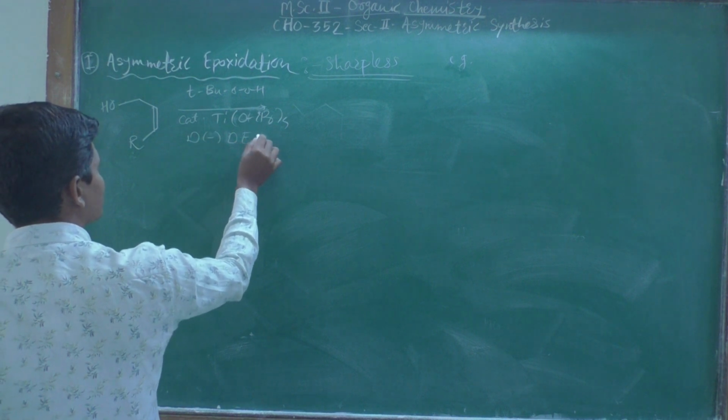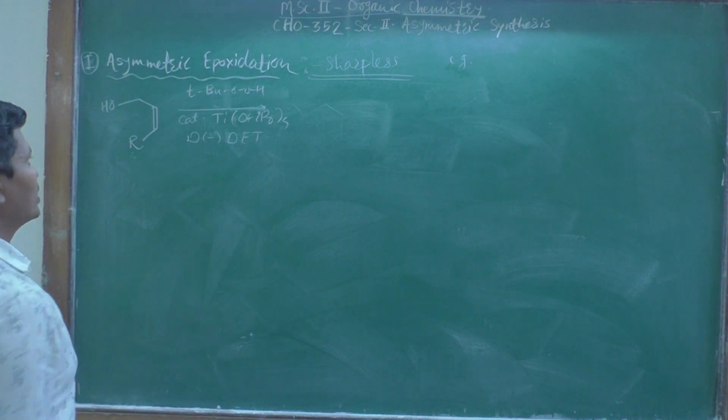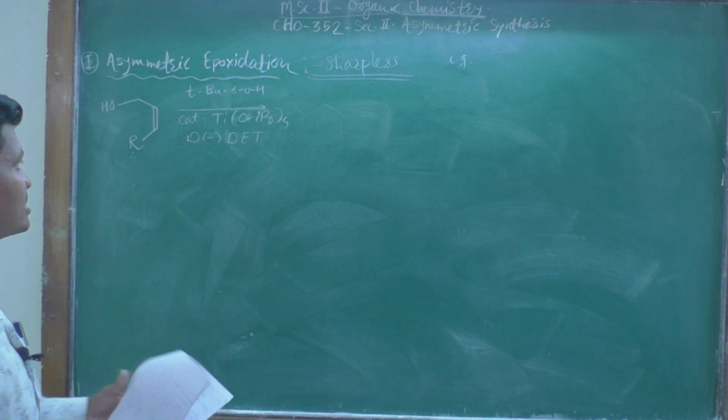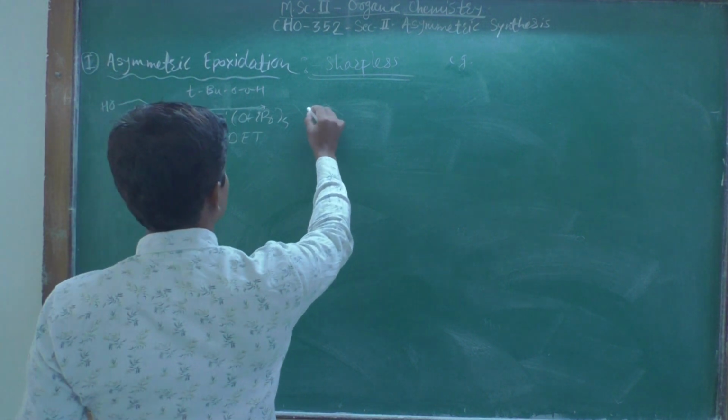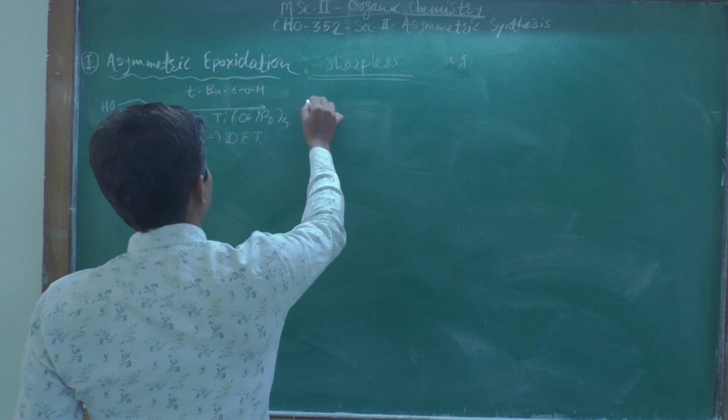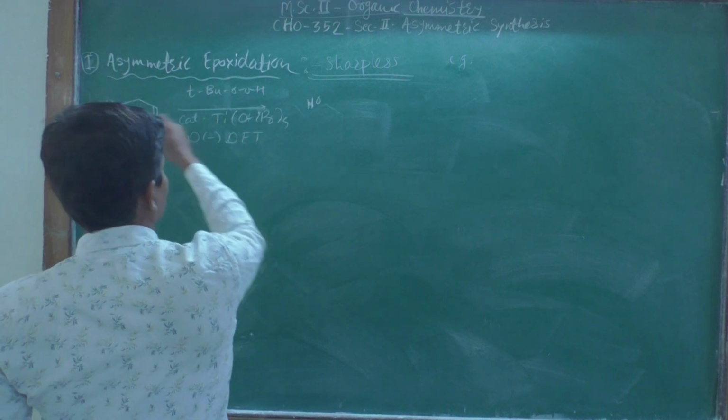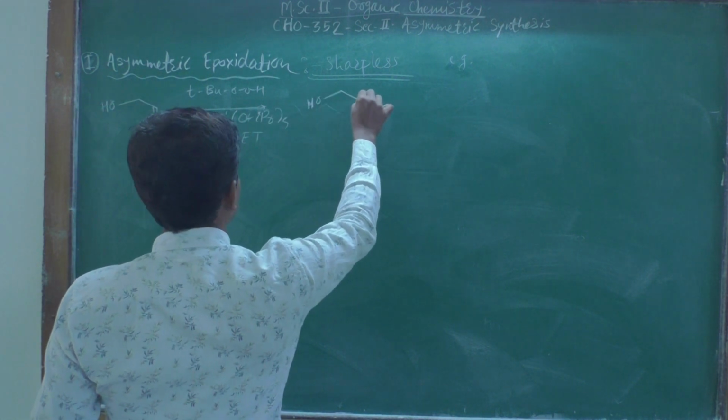Now we know that D minus diethyl tartarate gives the beta epoxide, and hence our product in this case is as shown. No harm to this side chain, nothing will happen.